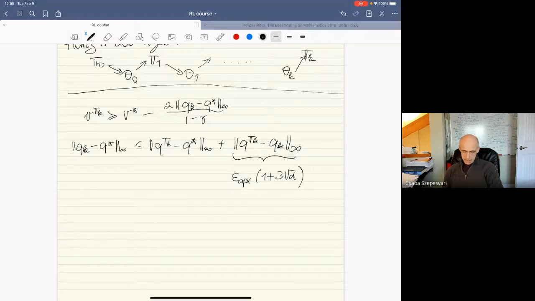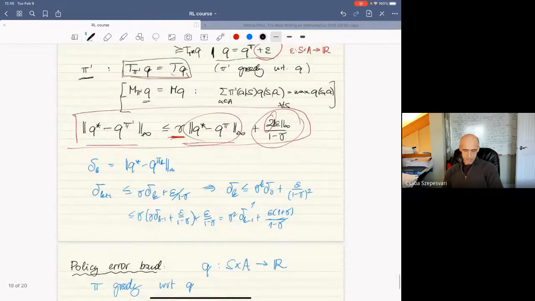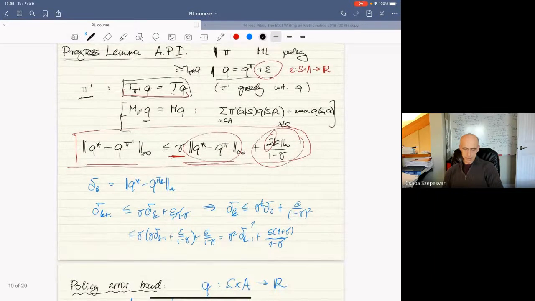And this guy can be bounded by the progress lemma, right? The progress lemma says that eventually the error is of this size.